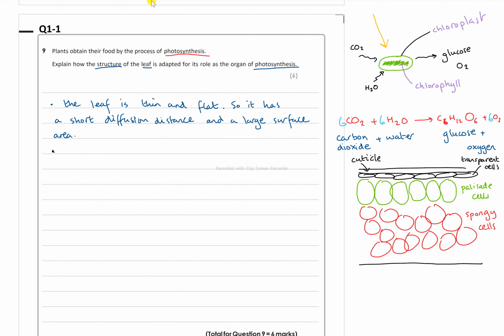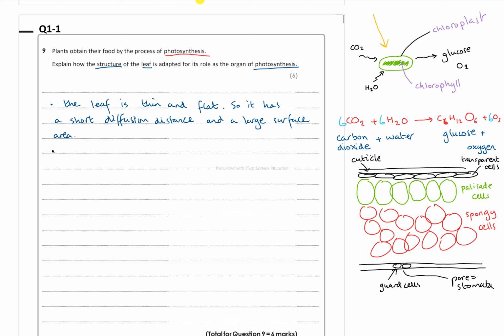Then at the bottom you have the waxy cuticle keeping the water in, but you have here guard cells. These are called guard cells. They change shape, open up to create a little hole or a pore called a stomata. Okay, so now we've got to describe all that.